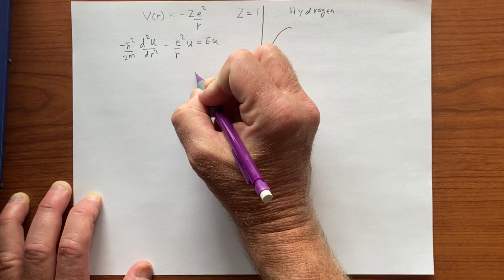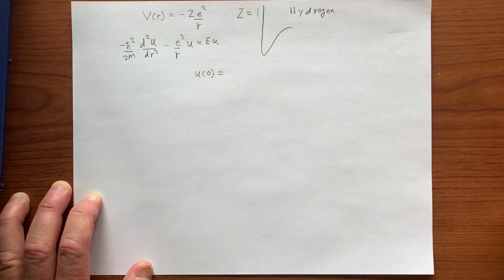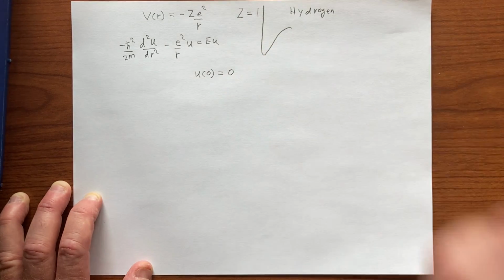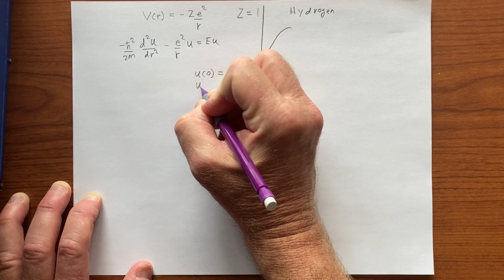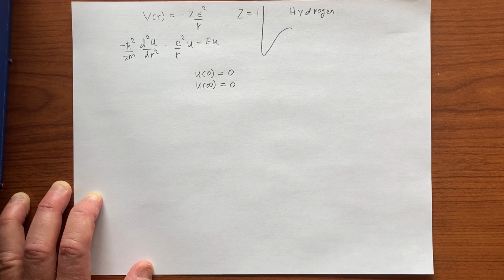So we have the conditions that at r equals 0, u is 0, and at r equals infinity it's also equal to 0.